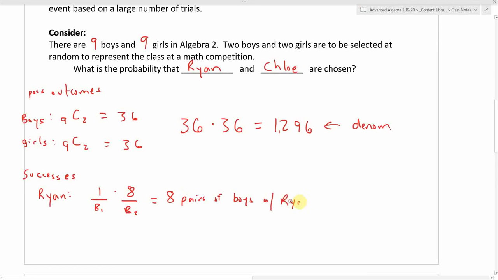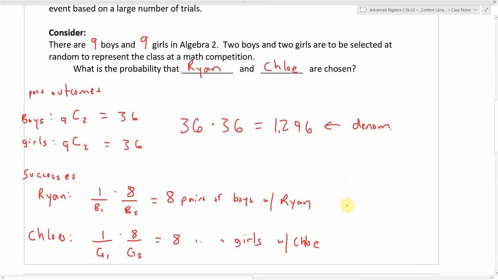Okay, and it's kind of a happy coincidence that you guys have the same number of guys and girls, so the exact same logic would apply to Chloe, that we have to have her as our first person, or second, doesn't matter, order doesn't matter here. And we have 8 other options for the other girl. So we have 8 pairs of girls with Chloe.